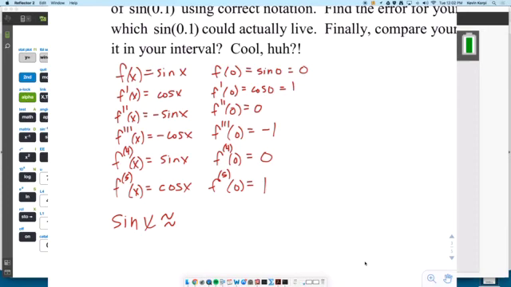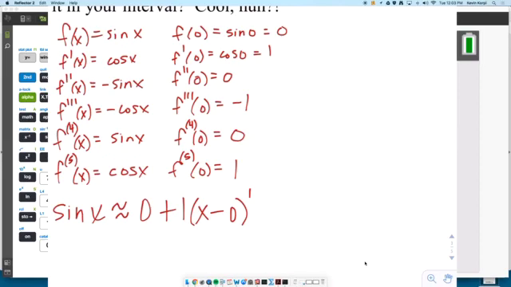So the y value there is 0 plus the slope at 0, which is 1 times x minus the center, which is 0 to the first. Okay? So those are going to be the first two terms in the Maclaurin series. Now, we'll go ahead and go to the next term.